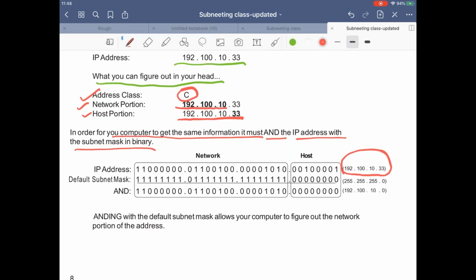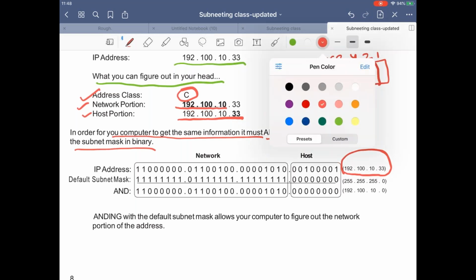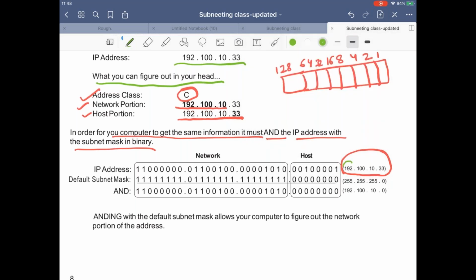Compare each octet with 128, 64, 32, 16, 8, 4, 2, 1. First, the green one is 192.